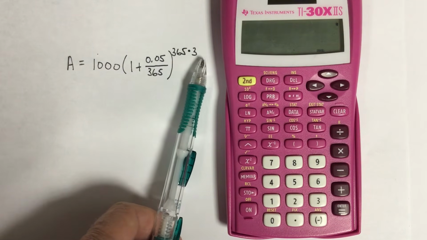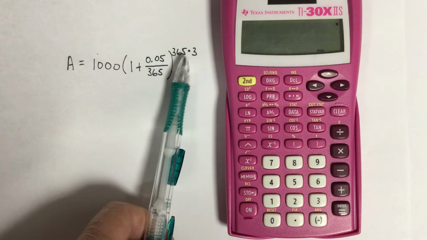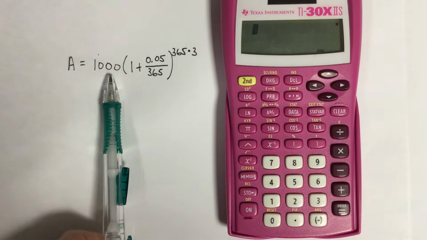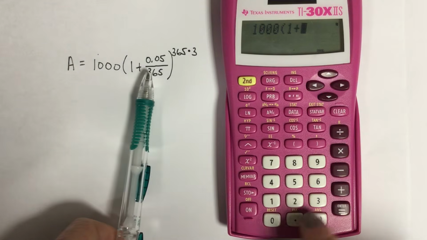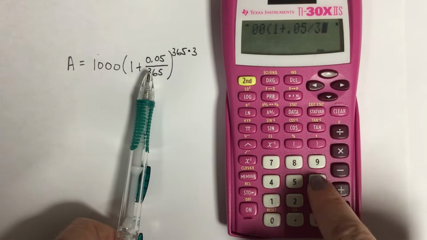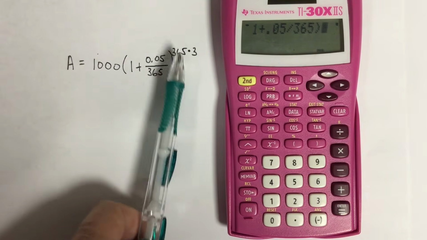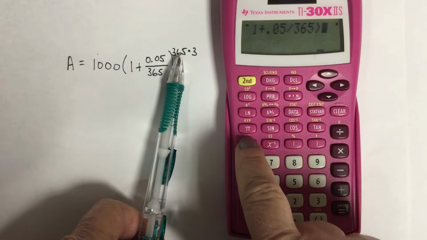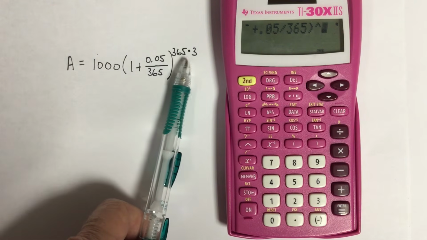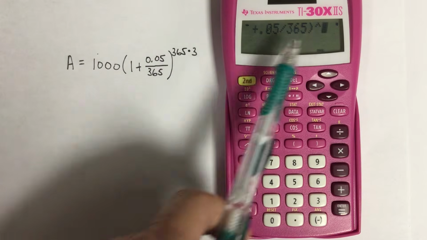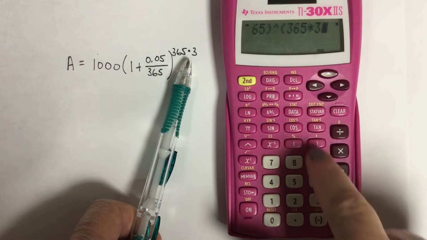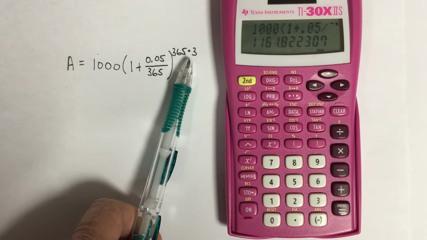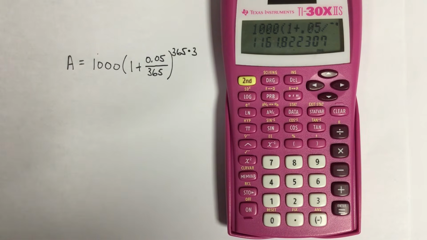But if you do want to enter the numbers for n times t instead of calculating it ahead of time, here's what you do. 1,000 times parentheses 1 plus 0.05 over 365. When you get ready to enter your exponent, just put the whole thing in parentheses. So power, parentheses 365 times 3, that solves the problem, and we get the correct answer.